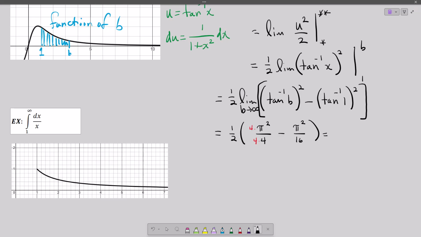So we're going to get 4 pi squared minus 1 pi squared. That's 3 pi squared, divided by the common denominator of 16, but then we double it to make it 32. And that will be our final answer.